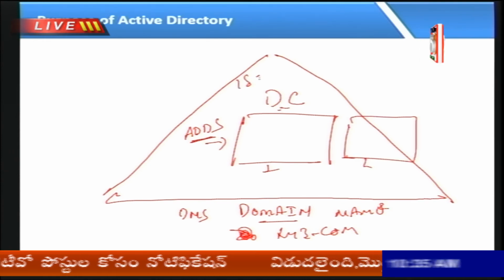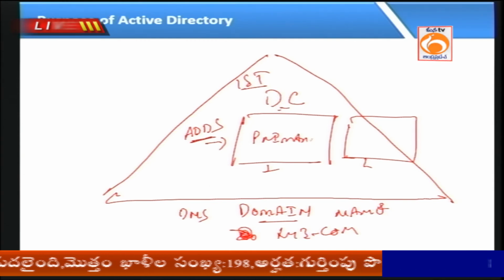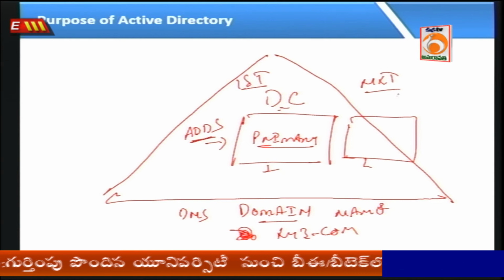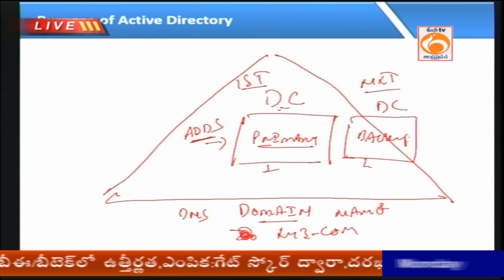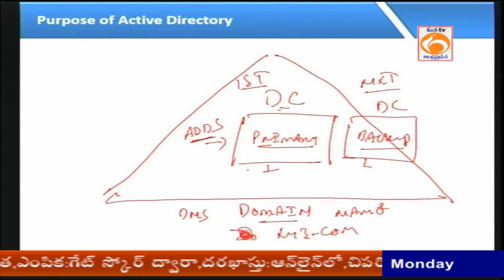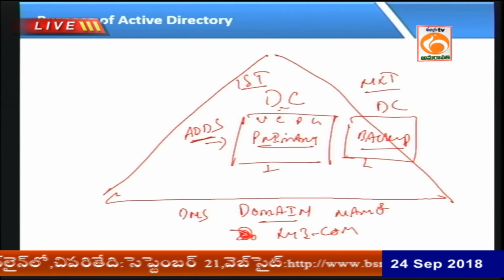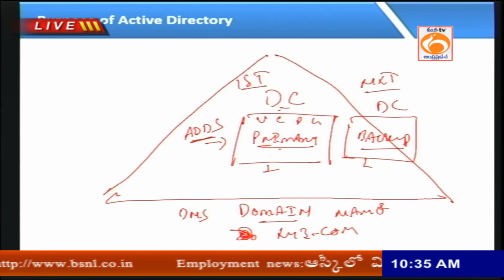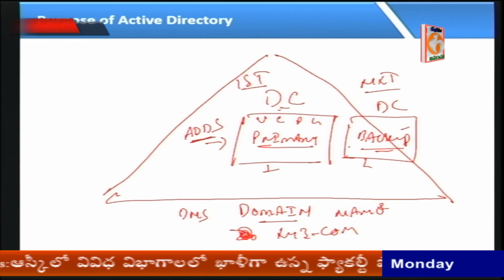The first server I created is called primary. The next server in the same domain is going to act as backup. What is the use of a domain controller? You create users, computers, printers, groups, everything. If the primary is accidentally down, no need to worry, you can still run your office with the help of the backup. That is the use of backup.